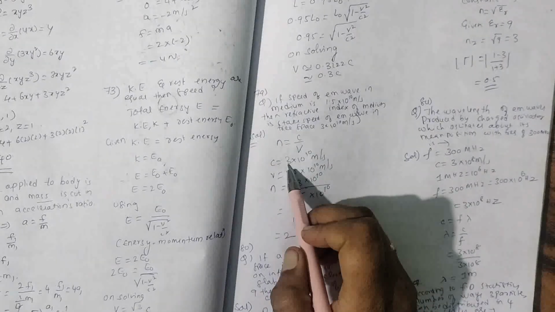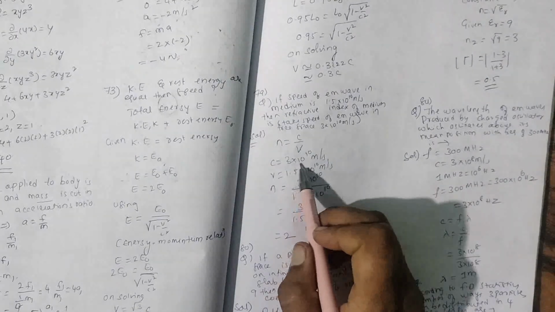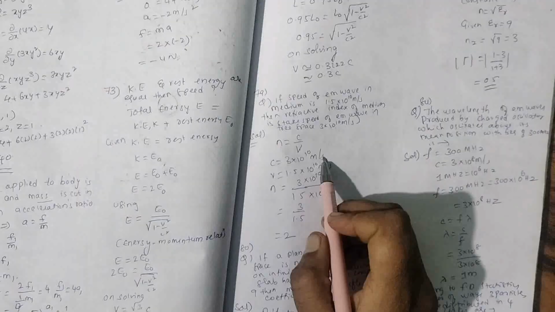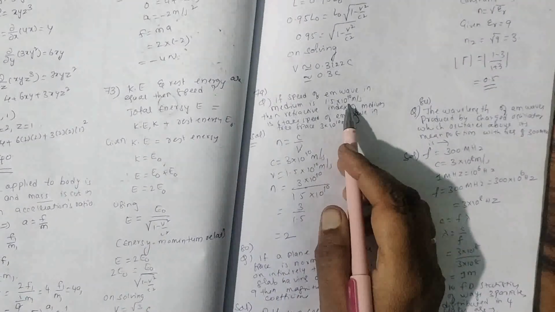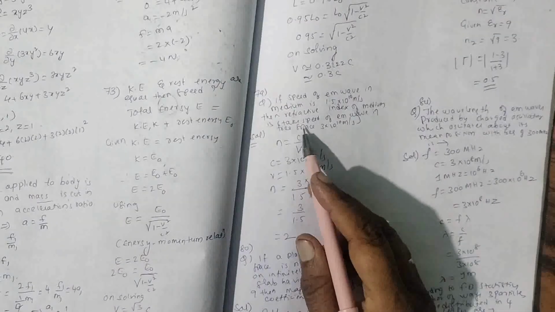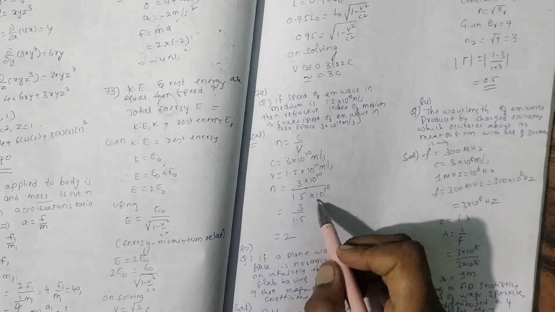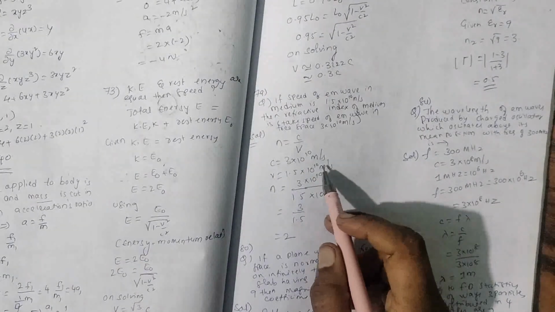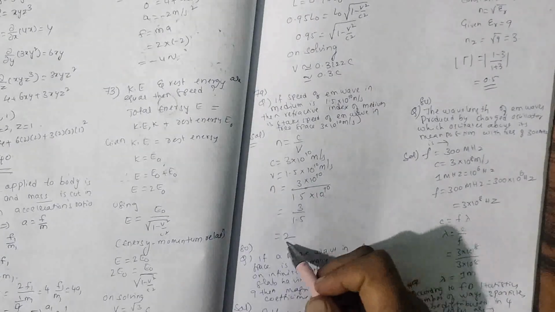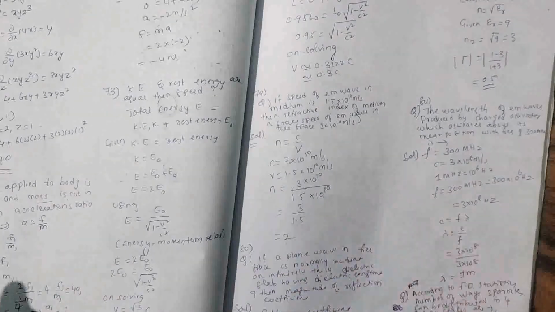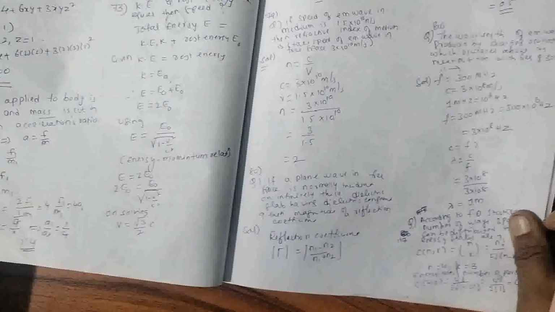Speed of light in vacuum value is 3 into 10 to the power of 10 meter per second. So V is 1.5 into 10 to the power of 10 meter per second, he gave. So N equals, you substitute, 3 into 10 to the power of 10 by 1.5 into 10 to the power of 10. 10 to the power of 10 strikes off, 3 by 1.5, answer is 2.